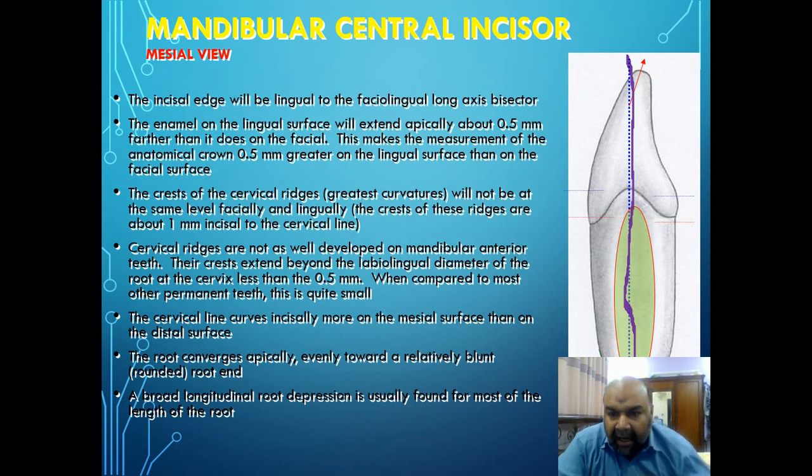The cervical ridges are the lingual contours, which I will be showing you in red color. This is the lingual height of contour, and this is the facial contour. Both of these contours are known as cervical ridges. These cervical ridges are around 1 millimeter more than the cervical line, and both of them are not as prominent as in the maxillary centrals.